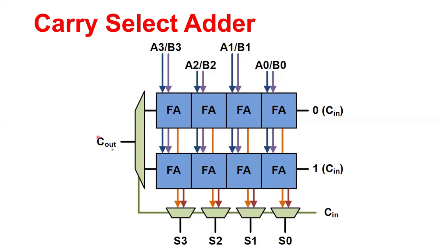Okay, so eventually what we see here, you have A0, B0 up to A3, B3. Those are the inputs, 1 bit each to both top and bottom. You see that these lines are the inputs coming from the top.